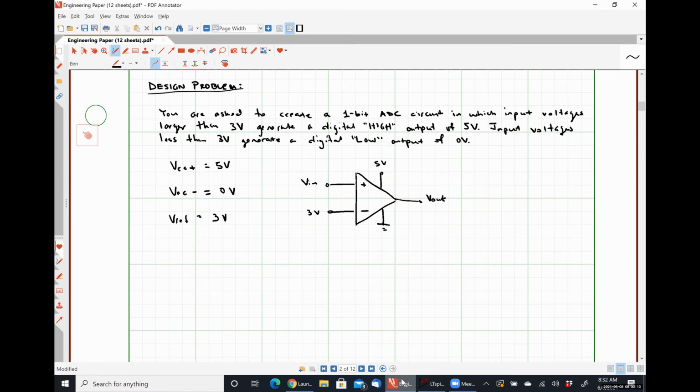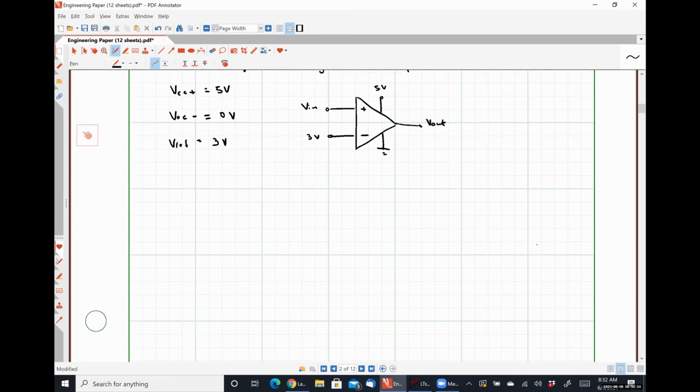So for this particular problem, I might have something that looks like this. I'm going to start by redrawing my op-amp portion. I'm going to leave my power supply voltages the same, 5 volts, and ground goes here.